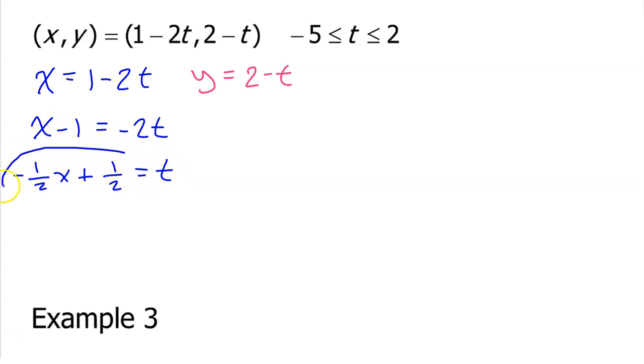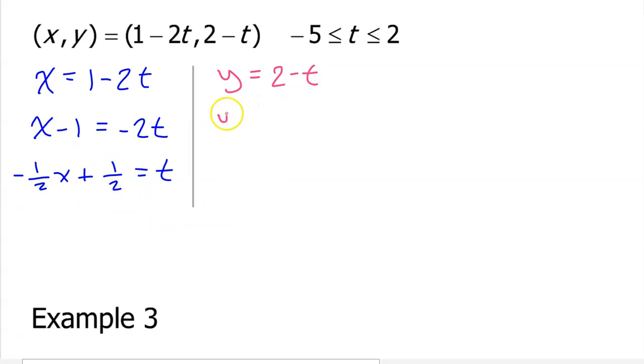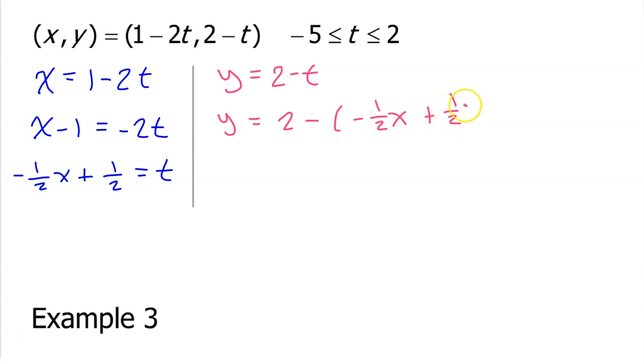Now let's substitute this expression for t into the other equation right here. We get y equals 2 minus (-1/2 x plus 1/2). So that's 2 plus 1/2 x minus 1/2.